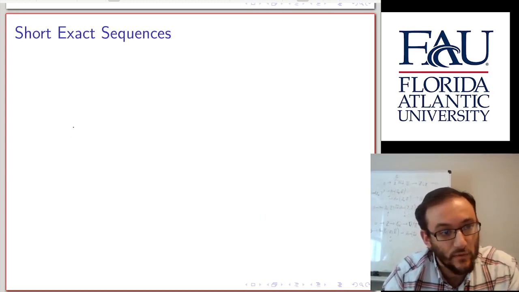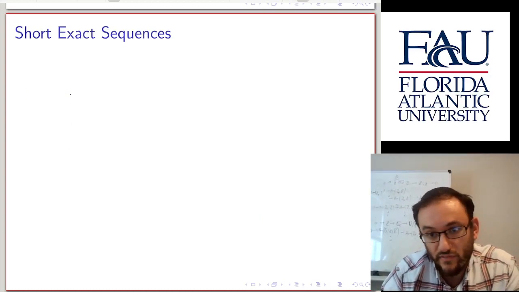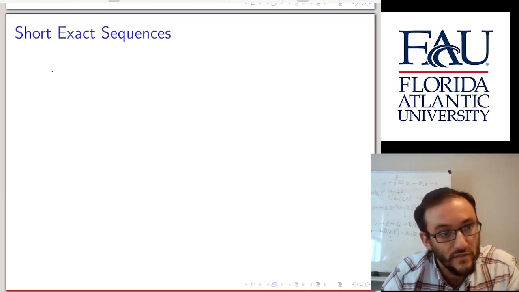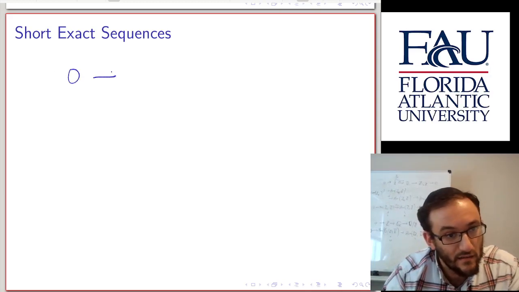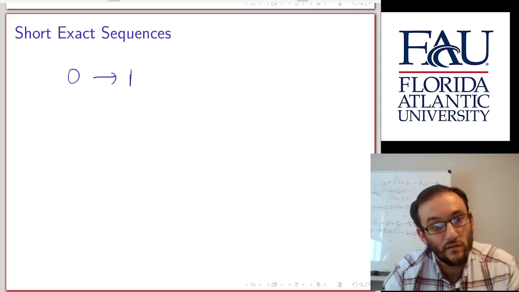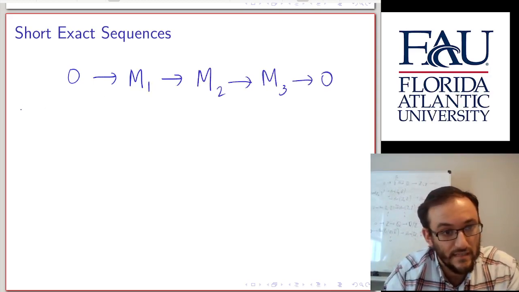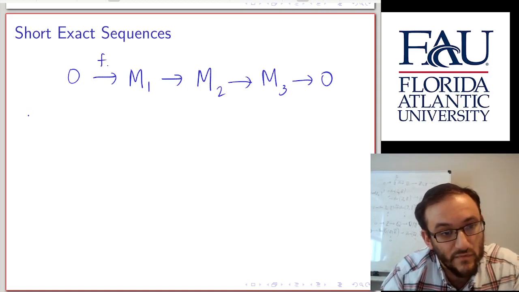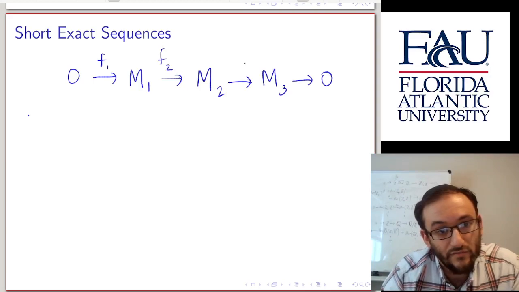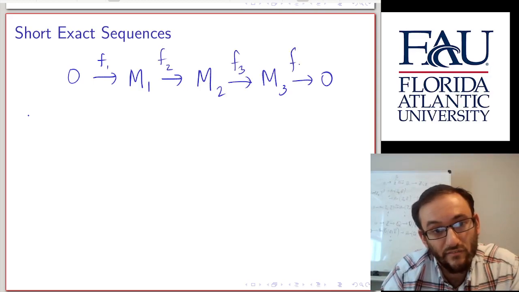A short exact sequence is a specific type where you have just 3 modules, and it looks something like this: 0 to M1 to M2 to M3 to 0. Okay, and let's give these some names. We have F1, F2, F3, and F4.